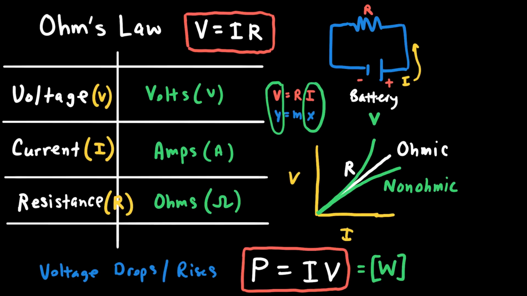Also, if I know that voltage is equal to current times resistance by Ohm's law, then I can make substitutions into this equation for power by replacing the current or the voltage with its equivalent using Ohm's law. So Ohm's law and our power equation will come back time and time again as we analyze circuits and try to study what's happening.